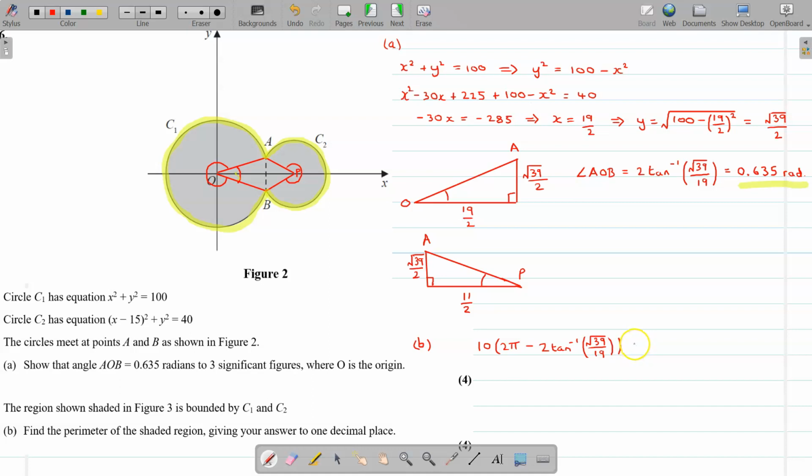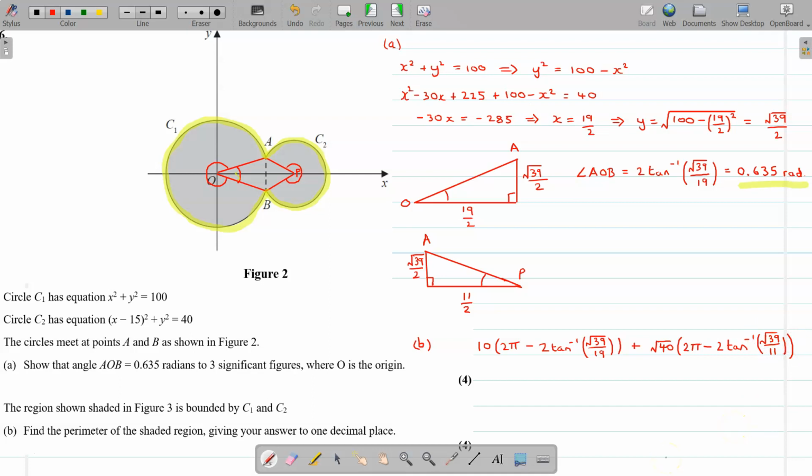plus, okay, the arc length in yellow around C2, and that's going to be the radius of that, which is root 40 from the equation of the circle, okay, times the angle, which is 2 pi minus 2 times the inverse tangent of the new angle here, which is root 39 over 11, okay, because it's a different angle, like that.